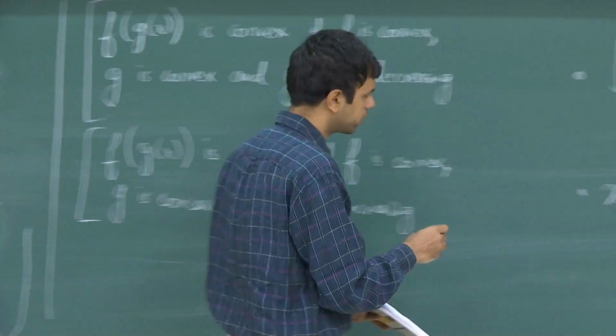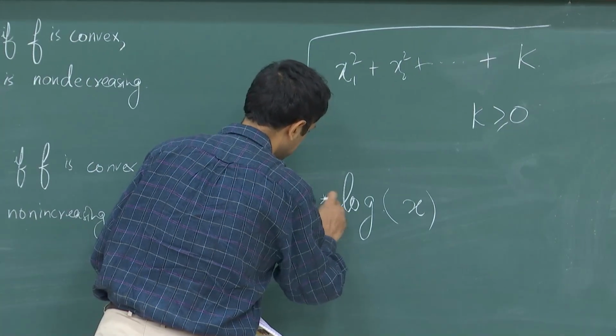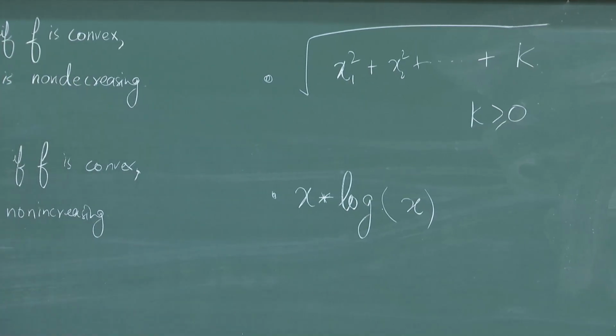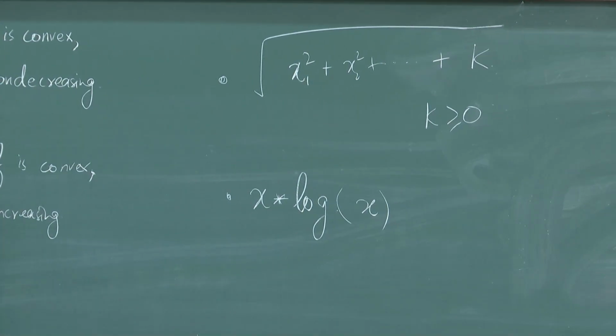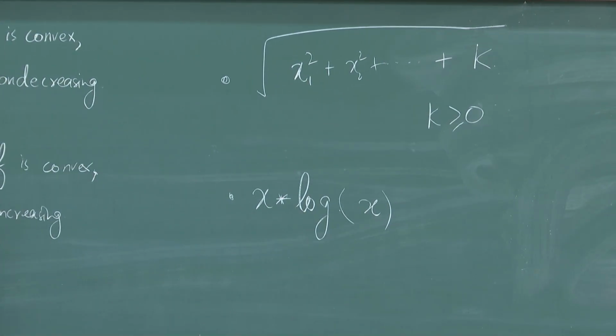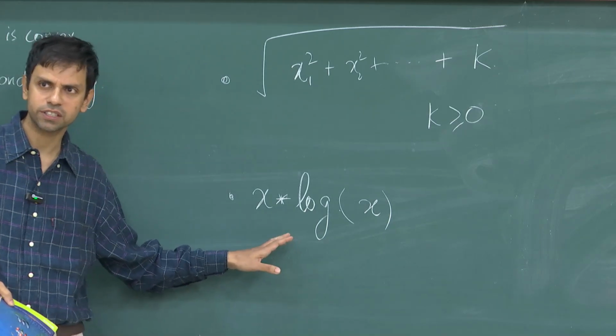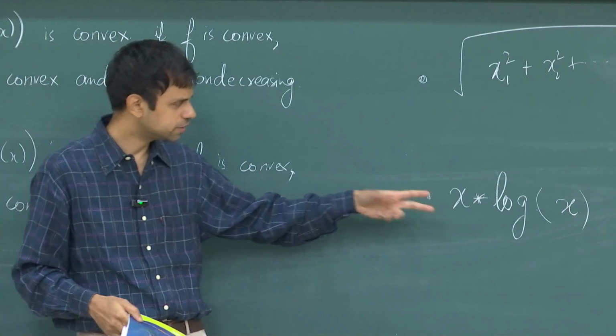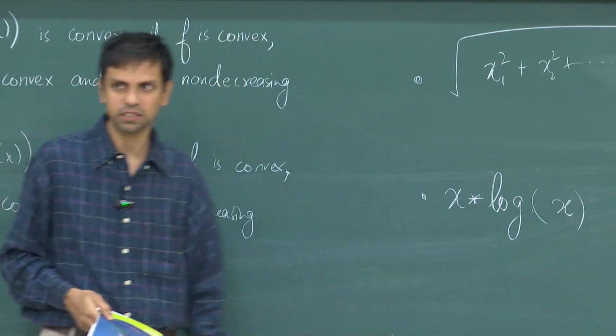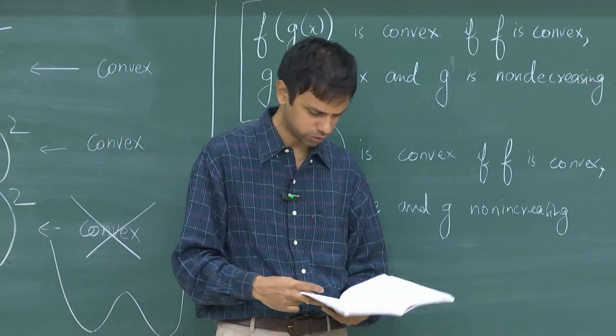No, this is a product, x times log x. So this is not a composition of two functions. Okay, this is a product of two functions, and usually product means a bilinear term which is not really convex, but this is also called a negative entropy function, and you can plot it, for example, to see whether it is convex or not.